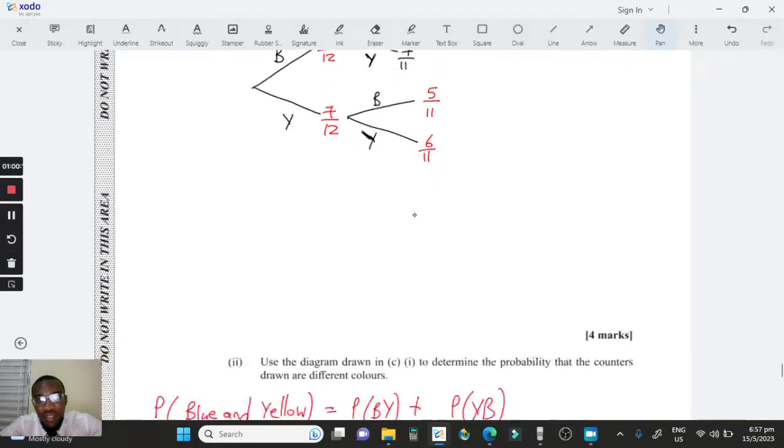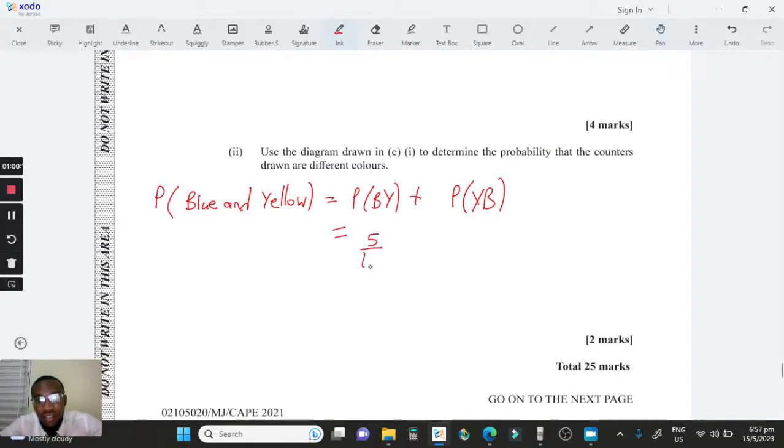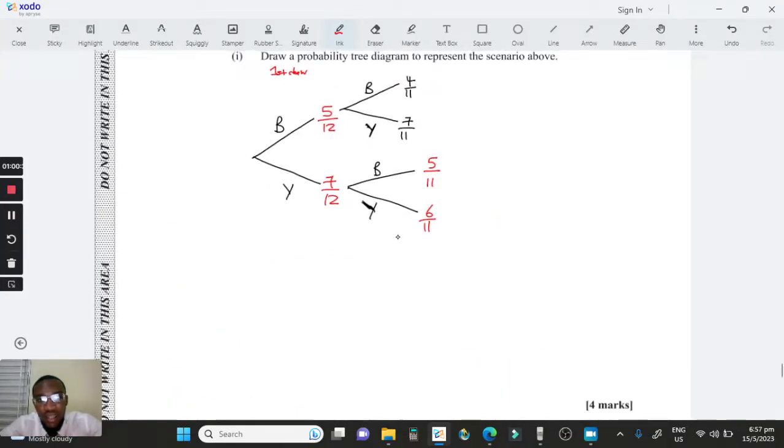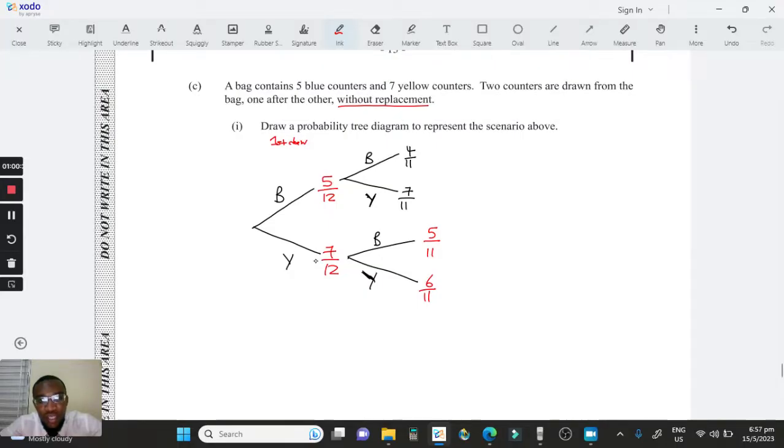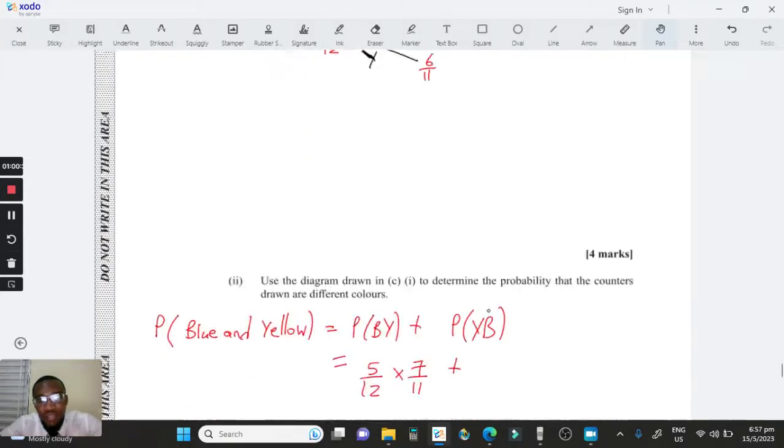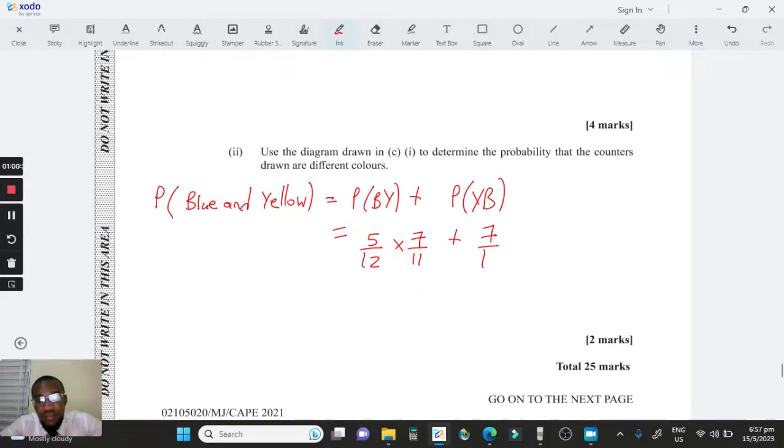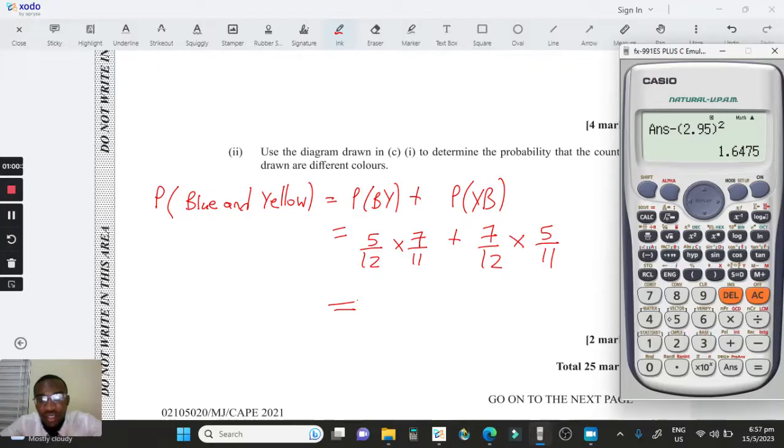So 5 over 12 times 7 over 11, plus, if we get the yellow first, it's 7 over 12 times 5 over 11. I'll put that in our calculator as the probability of getting different colors.